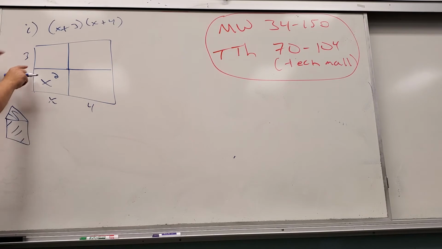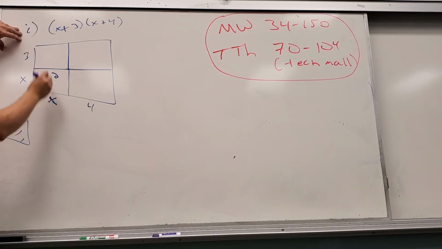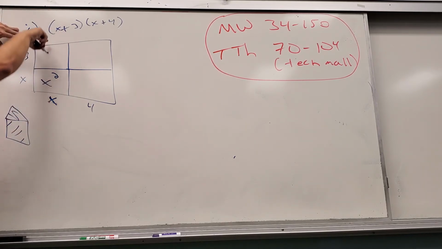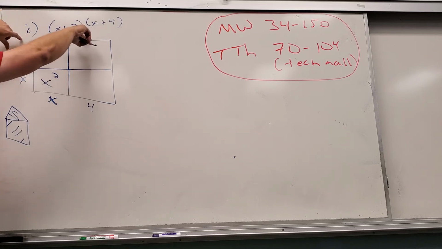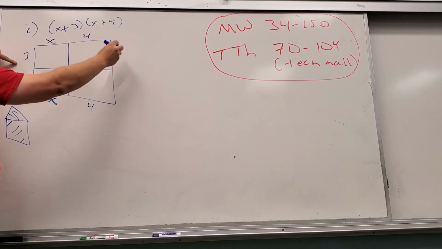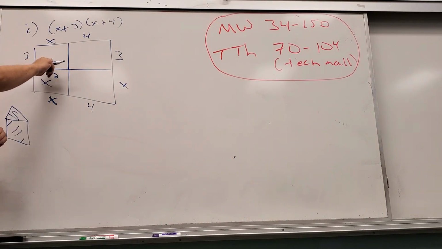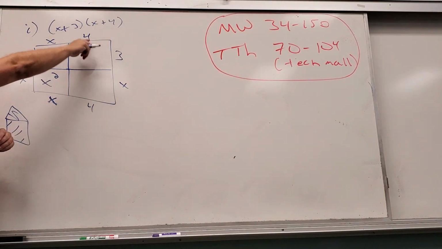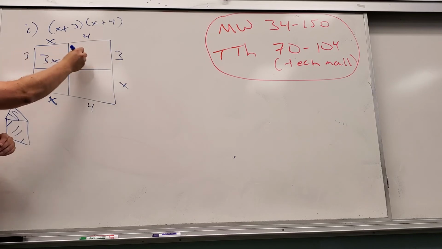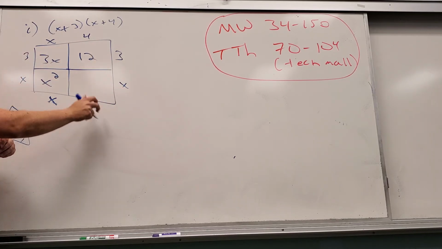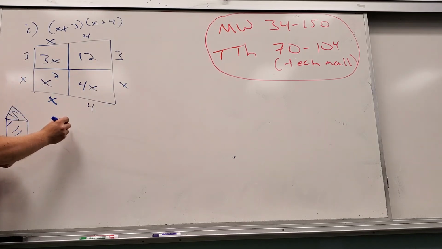Yeah. Now think about this one. Let's label some more stuff. How long is this side? X. How long is this side? 4. How long is this side? 3. X. All right. What's the area of this little box? 3x. What's the area of this little box? 12. Let's see here. 4x. So what's the whole area supposed to be?